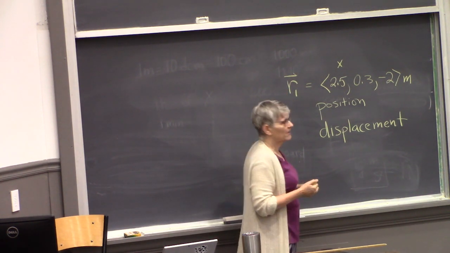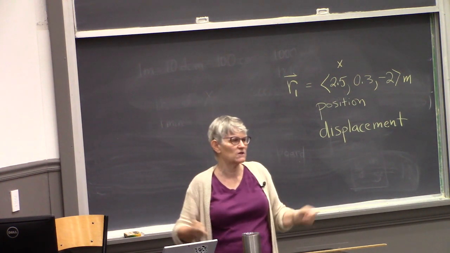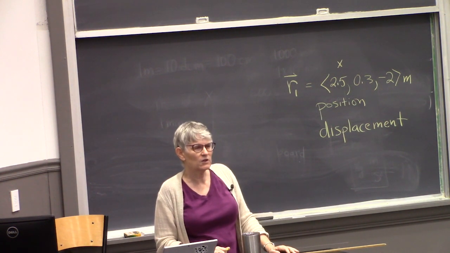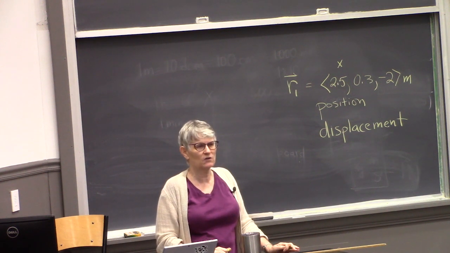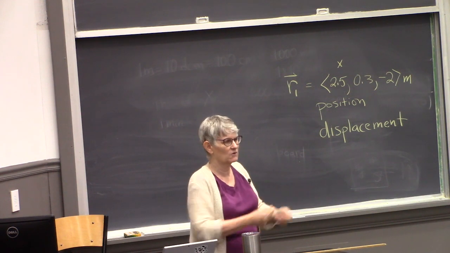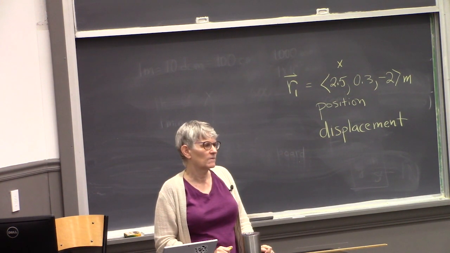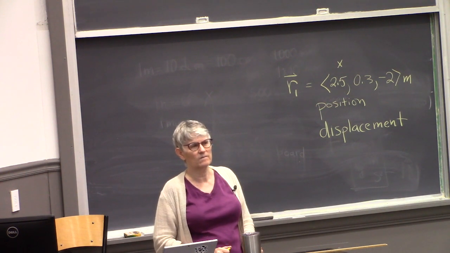Remember, location is a vector. We talked about velocity being a vector because it's got an amount, or a magnitude, but also a direction. What's a thing that's not a vector? Time is not a vector.